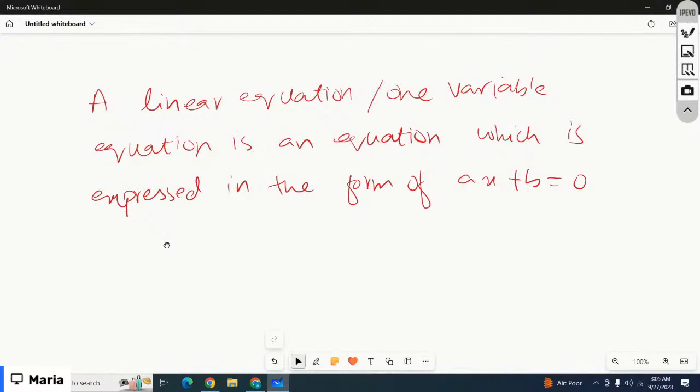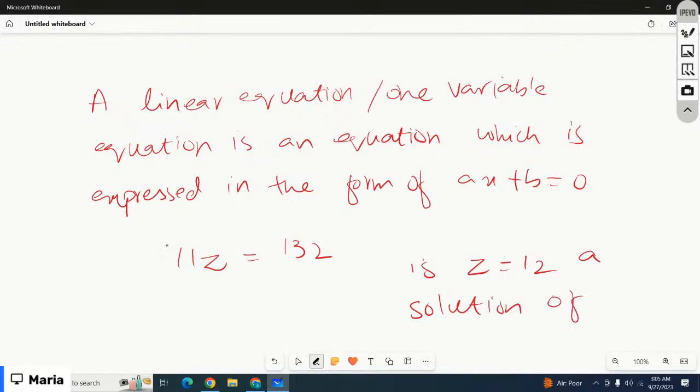For example, you are given the equation 11z equals 132, and you have to see, is z equals 12 a solution of the equation? How do you know? You are given an equation and a solution, and you just have to check if the given solution is the solution of the equation.